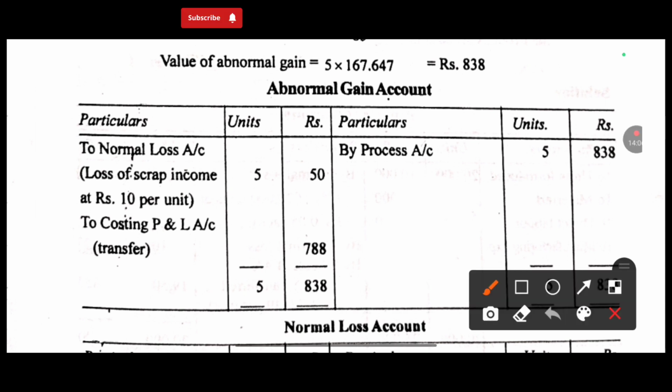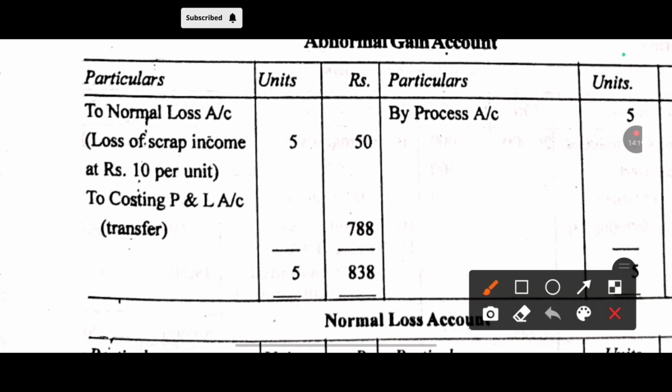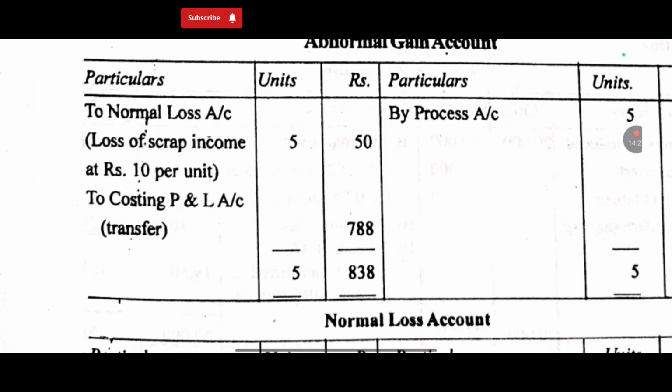How can you balance the total subtracted with 50 rupees of scrap value of normal loss? You will get the balancing figure is 788 rupees. Then the balancing figure 788 rupees is transferred to the costing P&L account.